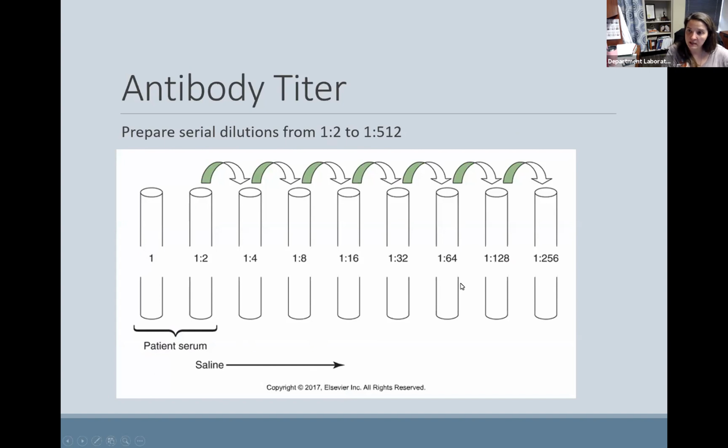You're going to mix it with a known series of panel cells, and then you will read for agglutination. And then your titer is interpreted by the last tube that provides a 1+ reaction, okay? So if you have a 1+ reaction in your 1:16 tube, and then a negative reaction in your 1:32, your titer is reported out as 16.